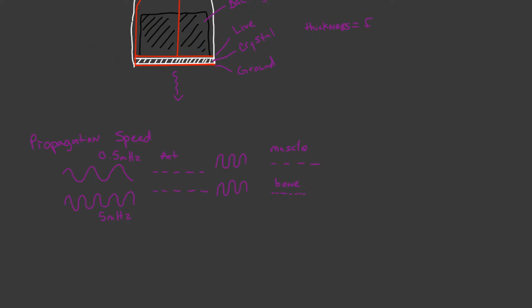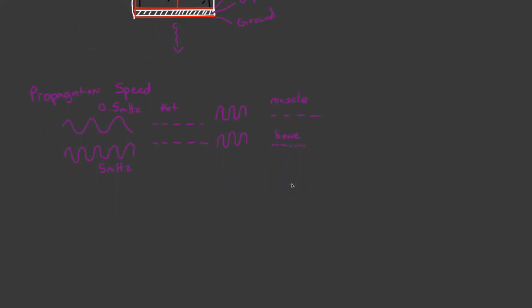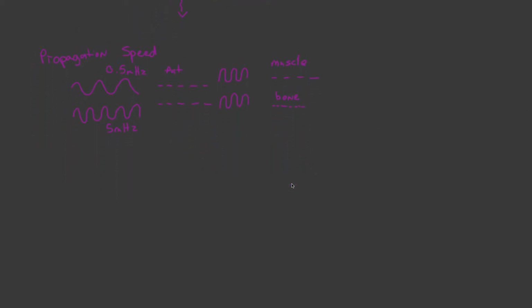Some other concepts that we need to understand are how sound interacts with the tissue itself. And there's a couple of different concepts that we should talk about. So the first is reflection, and then refraction, and this goes right along with the angle of incidence.